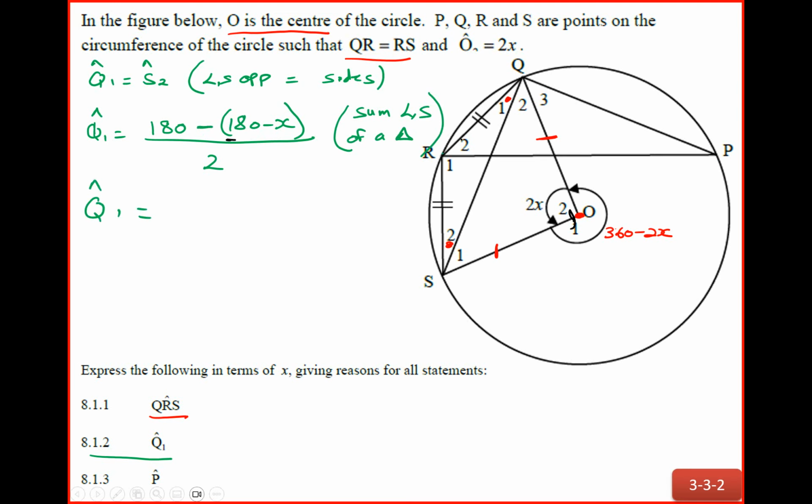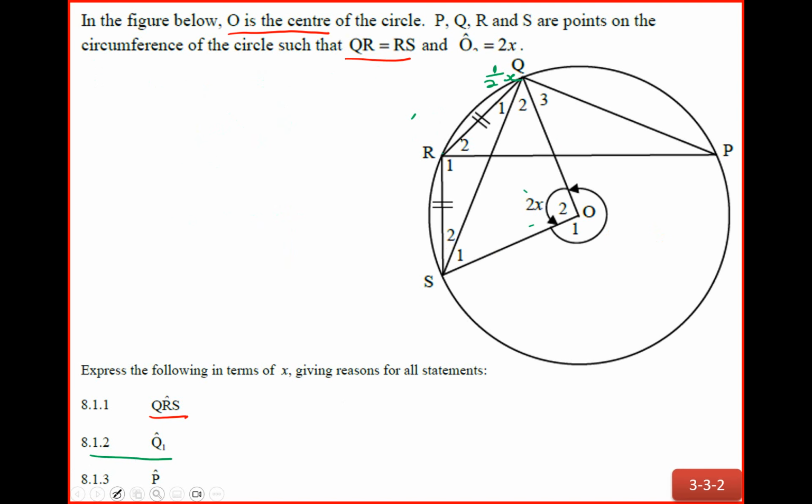So the 180 minus 180 will cancel off. A negative and a negative x will give you x over 2, which we can express as half x. And there we have angle Q1 for 8.1.2.